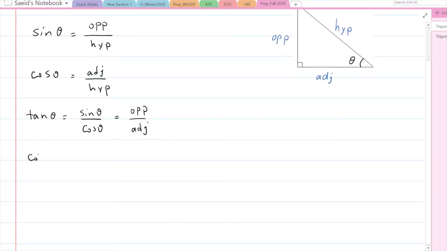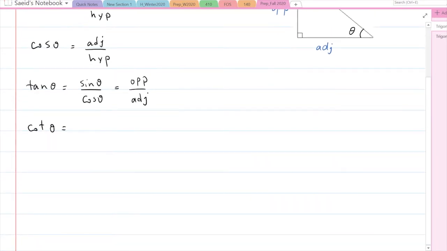And cotan is defined as cosine over sine, or 1 over tan. That simply means we need to flip the previous fraction, so that would be adjacent over opposite.